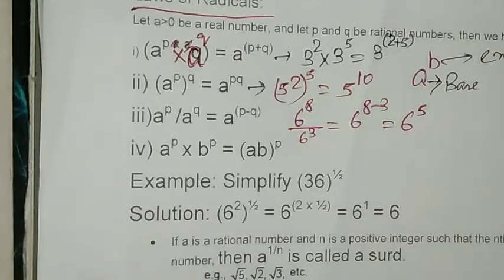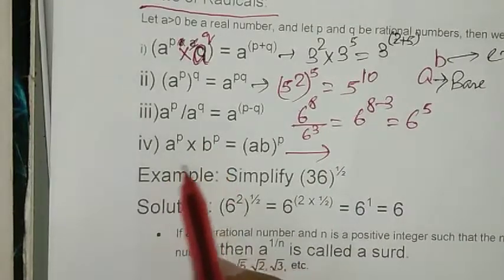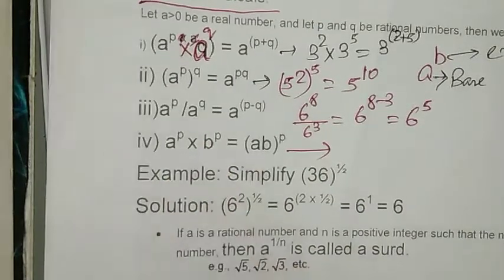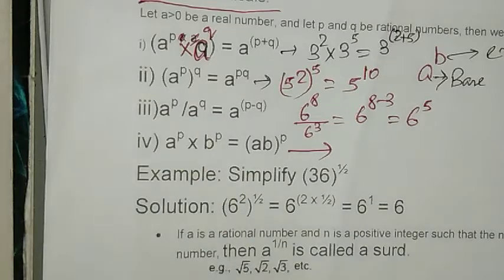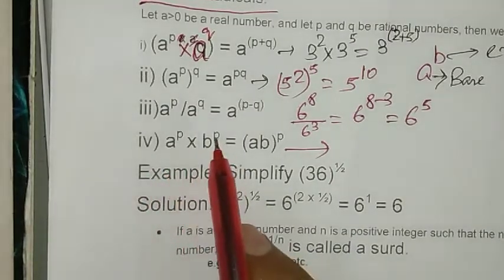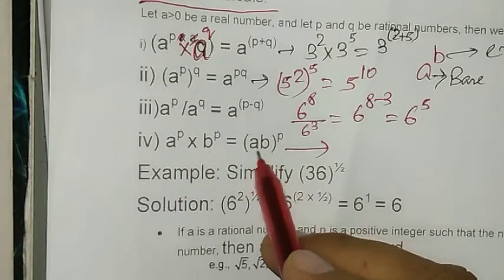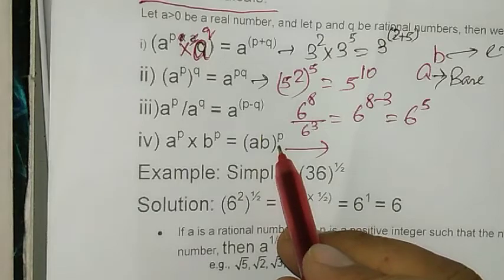Suppose you found two numbers in the fourth one. They are different numbers, but their powers are the same. So what will happen? The numbers will be multiplied with each other, and it will have the same power.